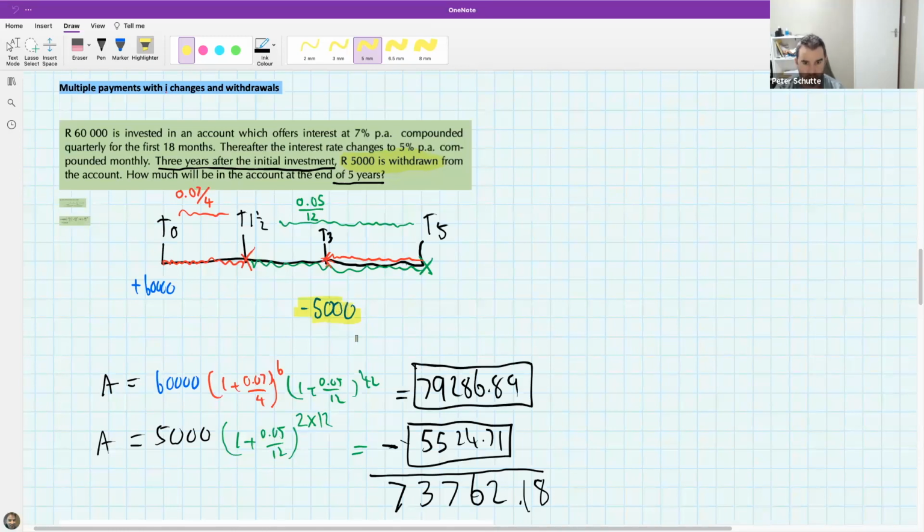So I assume it never happened and I got an amount as if it never happened. And then you deal with the fact that you left it in too long. To deal with that, you have to take out the original 5,000, but you also have to take out the extra interest that was included by mistake. The extra interest is going to be the period from when you should have taken it out to when the question ends.